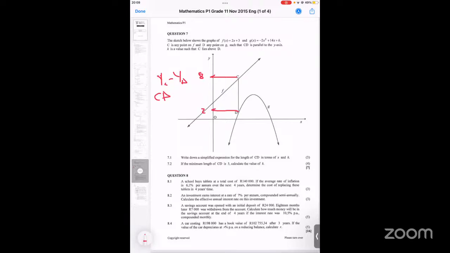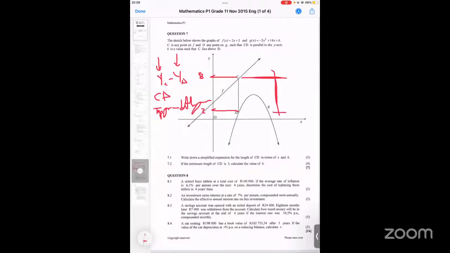In other words, it means the function of that line where C is minus the function of that line where D is. It's like you say top graph minus bottom graph, then it will give you that length.